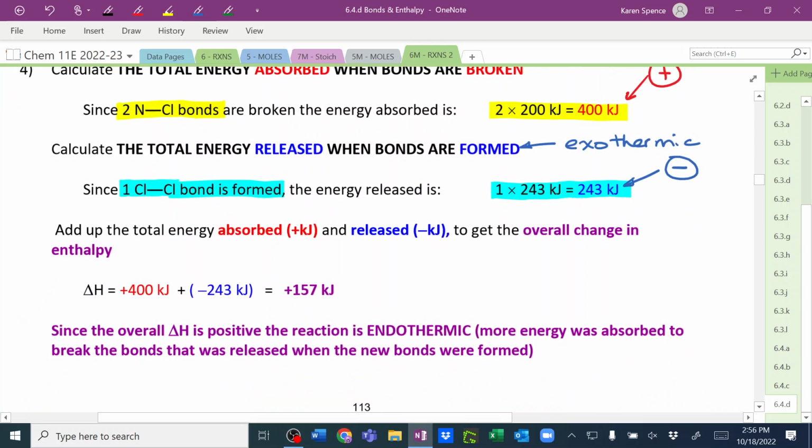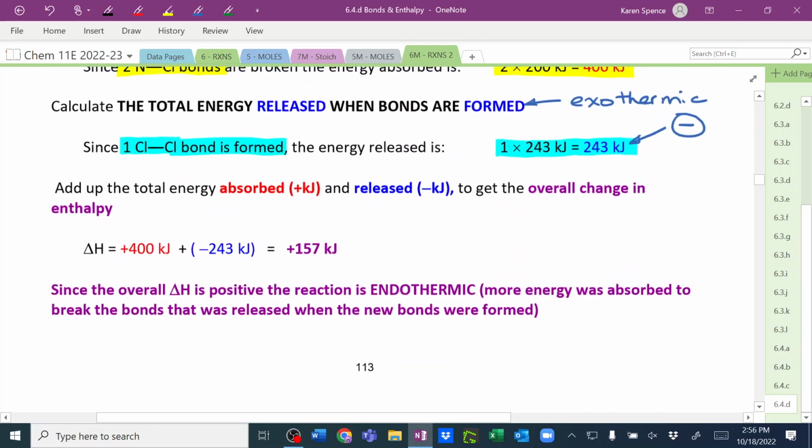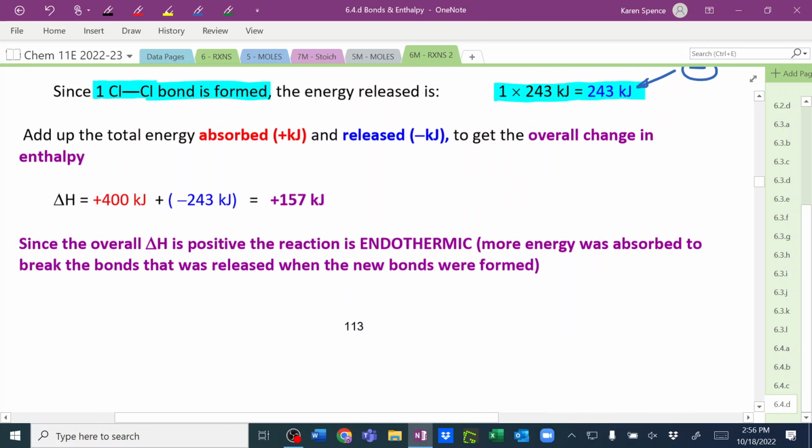So we would say we've got positive 400 plus negative 243 equals positive 157 kilojoules. And so since the overall delta H is positive, then the reaction was endothermic.